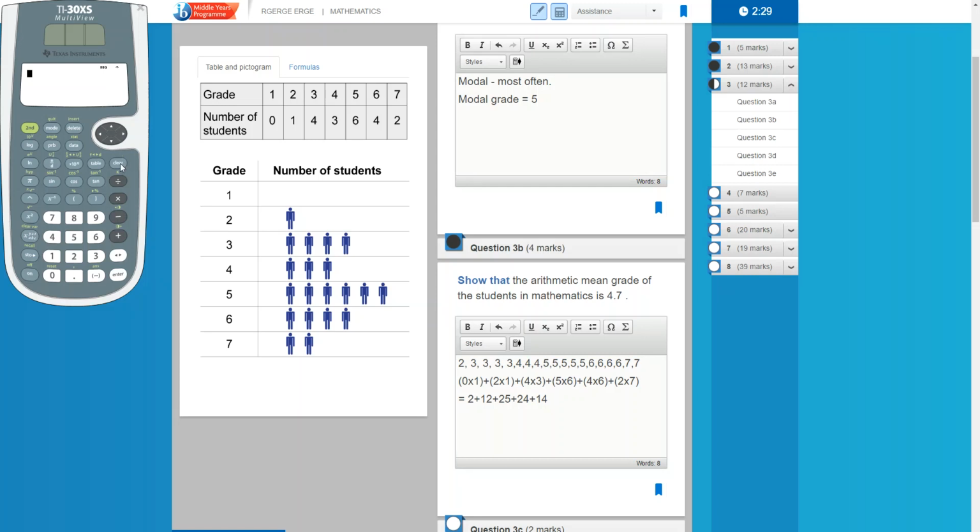Let's try it again. 5 6s are 30. So we've got 2 plus 12 plus 30 plus 24 plus 14 is equal to 82. I still think I've done something wrong.